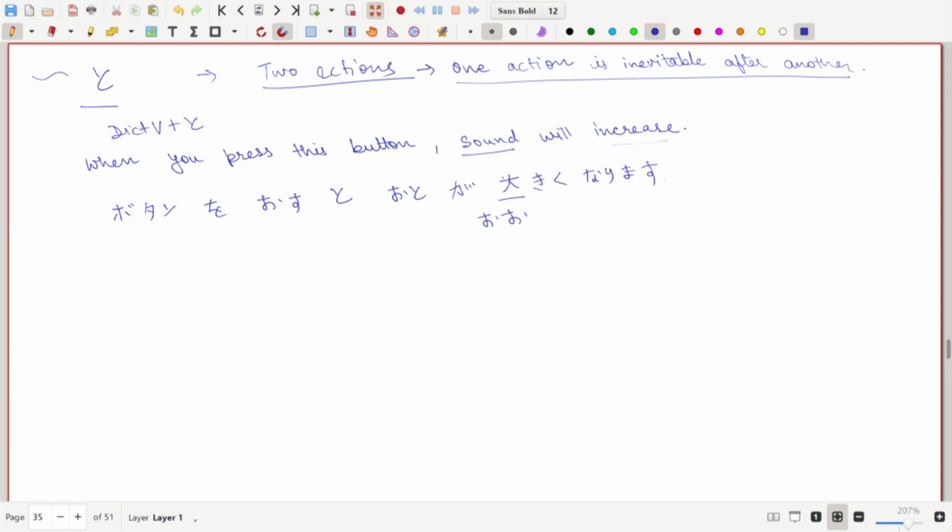Okiku narimasu. Or you can say, when you press here, hot water will come out.